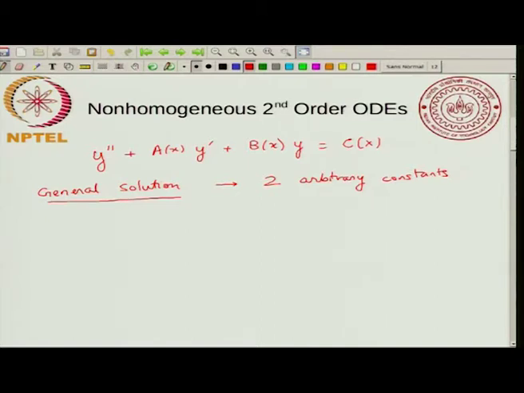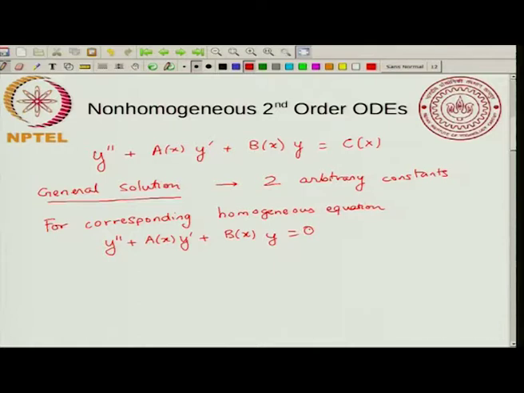Now, for the corresponding homogeneous equation, it will look like y double prime plus a of x y prime plus b of x y equal to 0.